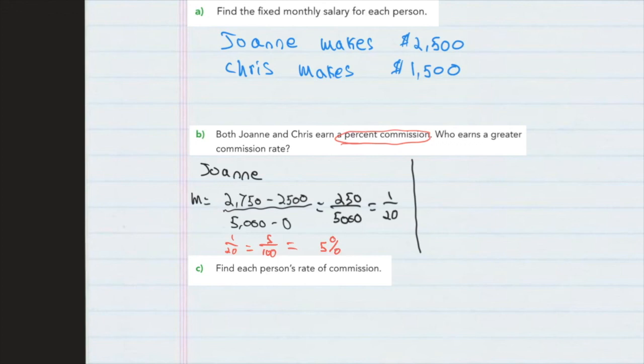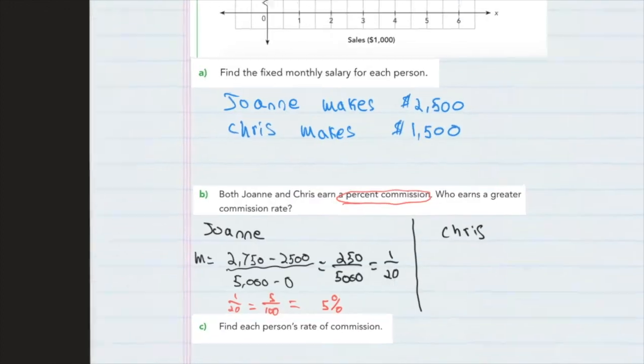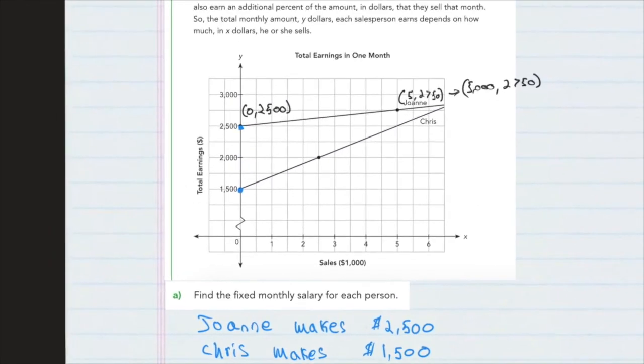I'm going to do the same thing for Chris. Chris, if you look at his points, are 0, 1,500.